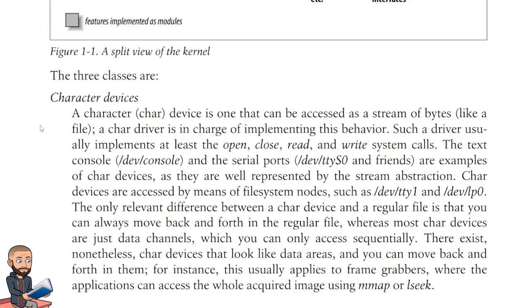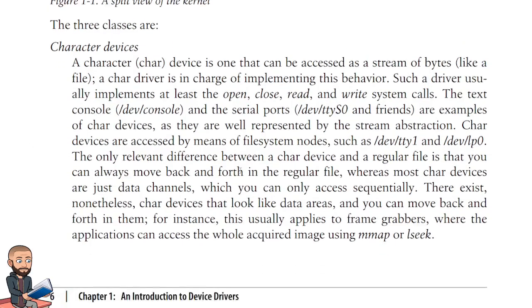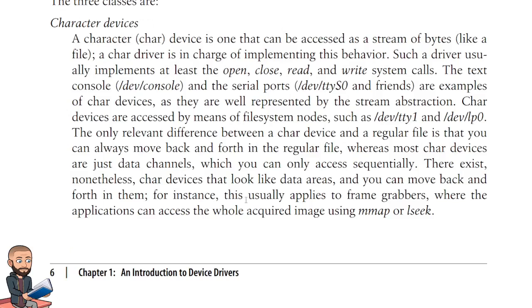Okay, so character devices. This is one that can be accessed as a stream of bytes, like a file. And a character device is in charge of implementing this behavior. So a driver usually implements at least the open, close, read, and write system calls. Okay, so this device driver implements these system calls.